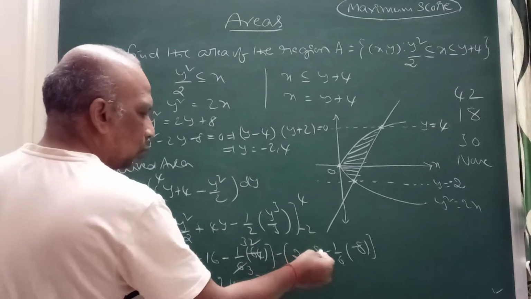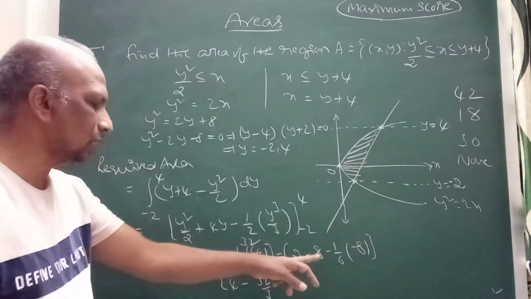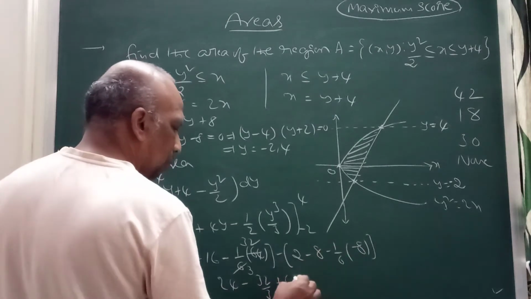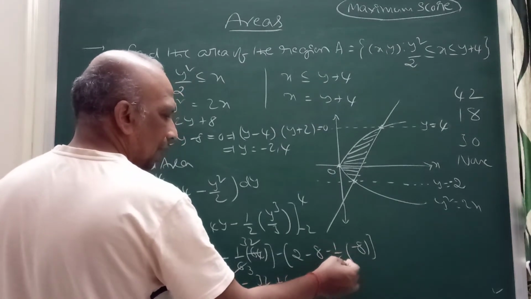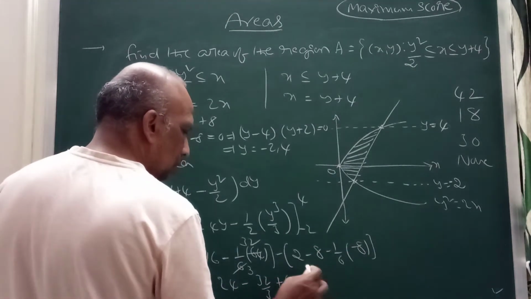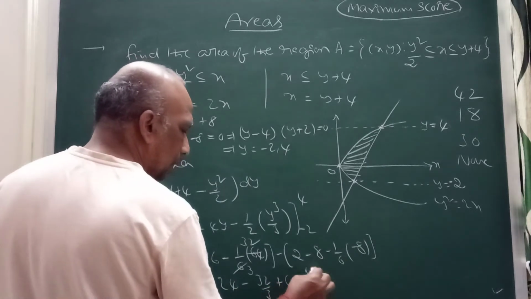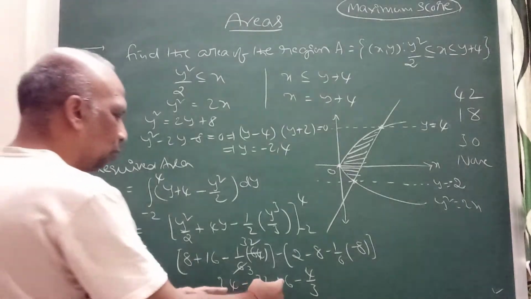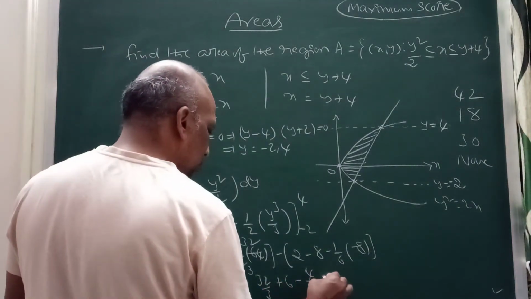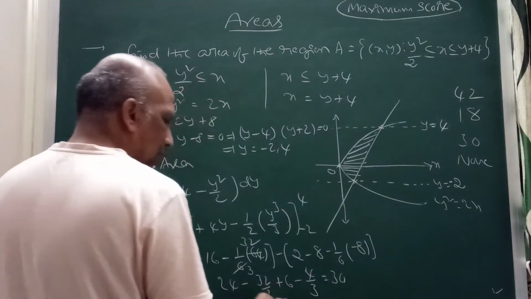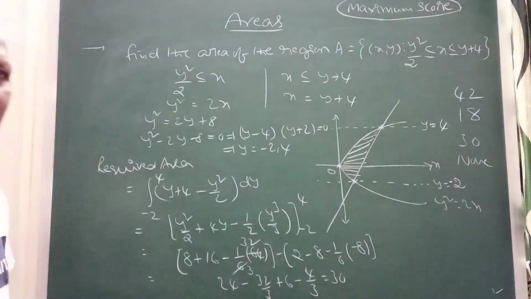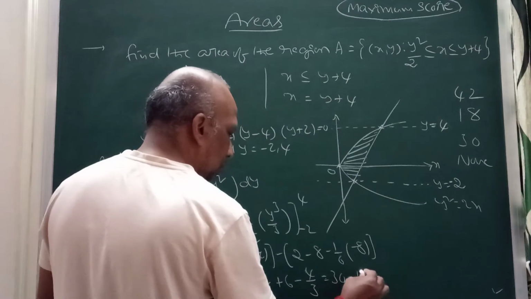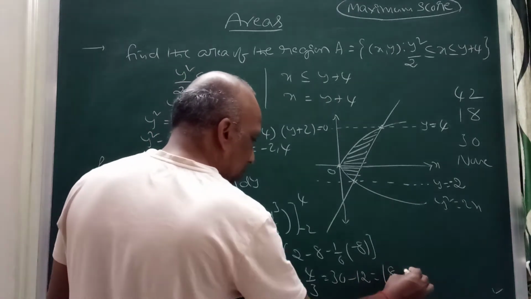This one will get 2 minus 8 to minus 6, minus plus 6, minus will get minus. Again I can write 4 by 3. You can see 24 plus 6 is 30, minus 32 by 3 minus 4 by 3. You will get minus 36 by 3, which is minus 12, so it becomes 18 square units.